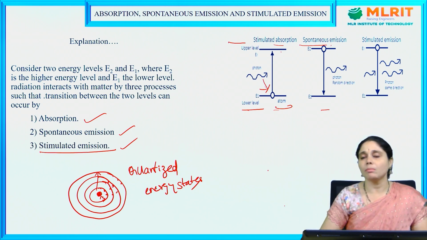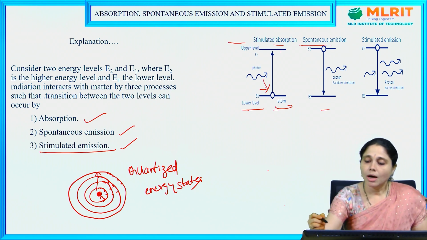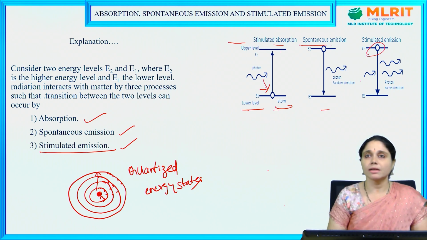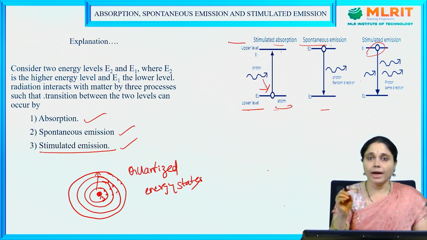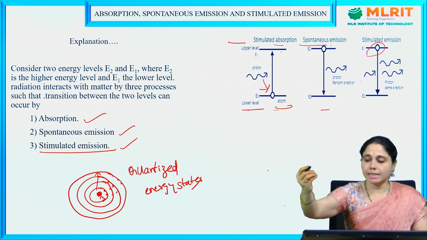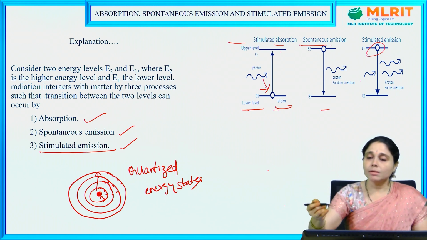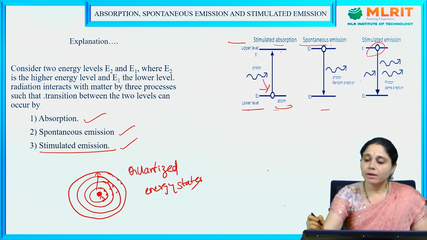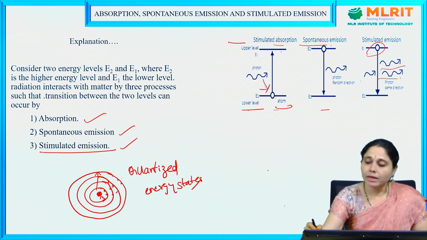And what do you mean by stimulated emission? The third one is stimulated emission, where lasers come into existence. So when the energy of a photon is given to an atom which is in the excited state, then the atom comes to the ground state after a period of time by releasing some amount of energy.